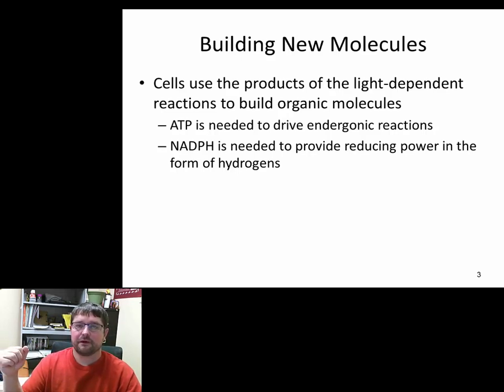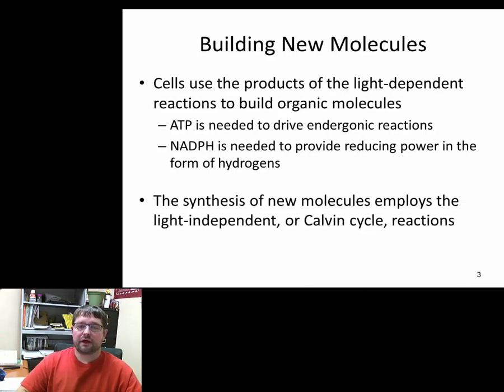We talked about this before. NADPH is needed whenever an electron or another proton is needed, and so we say that it has reducing power. It means that it can donate an electron to another molecule and be oxidized.